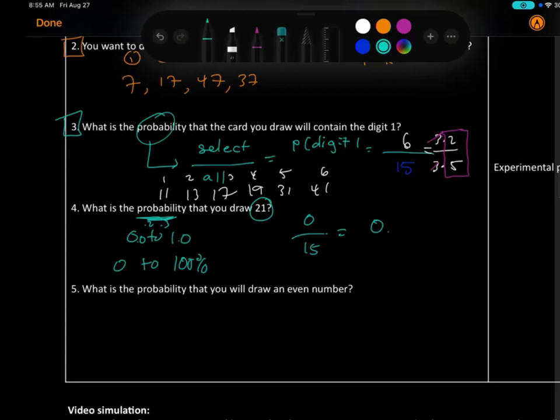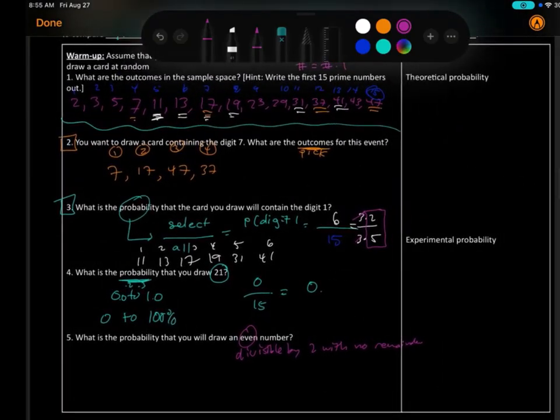Okay, what is the probability that you draw an even number? Even number, okay. So even is just divisible by 2, with no remainder, right? You can cut it in half evenly, as I might want to say.